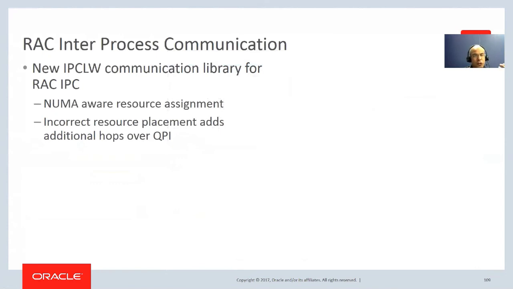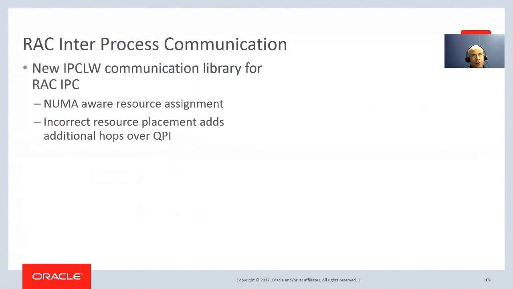Obviously, we use UDP as the protocol, but there are some optimizations in what we call the layer. Now, an IPC is an interprocess communication, and the new feature in 12.2 is this lightweight implementation. This lightweight implementation is NUMA-aware, which means that we now allocate resources and align those resources to be NUMA-aware.